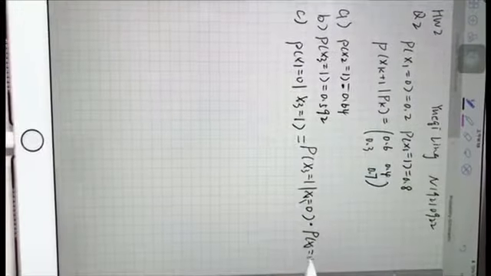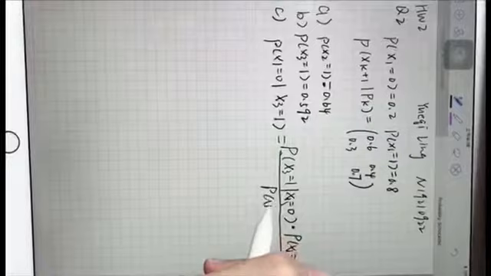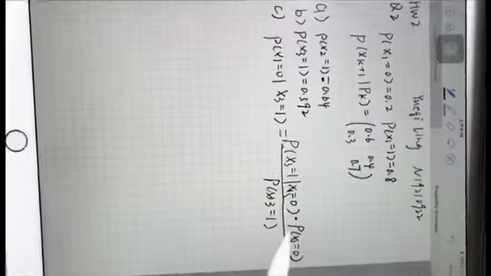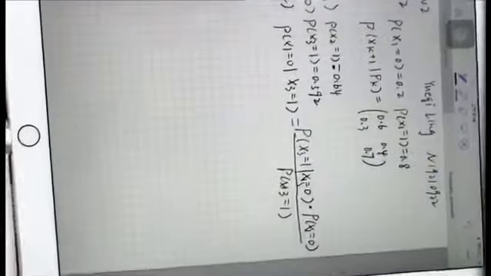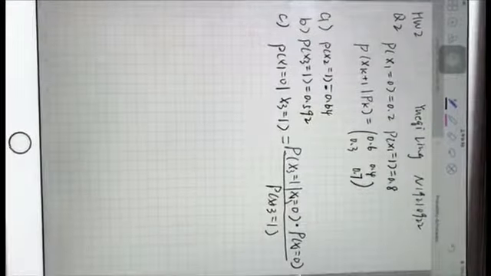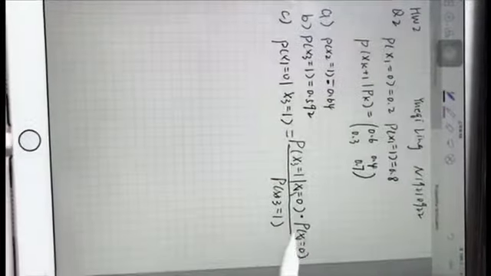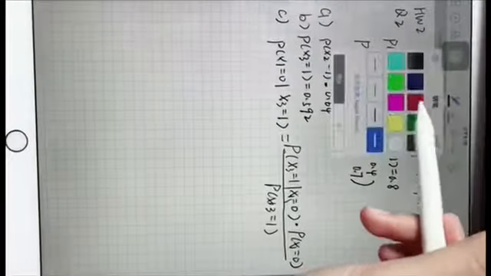We get this equation by using Bayes' theorem. In the condition of the question we already got the probability of x1 equals 0, and in question B we got this one, so we only have to find out this one.